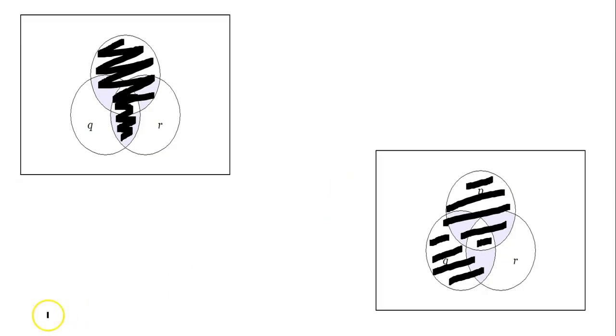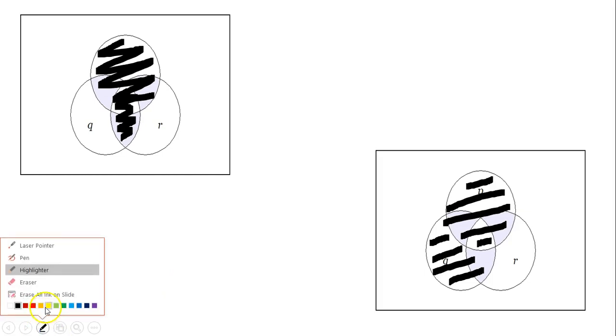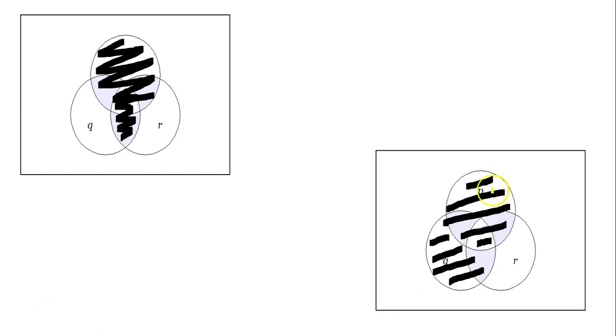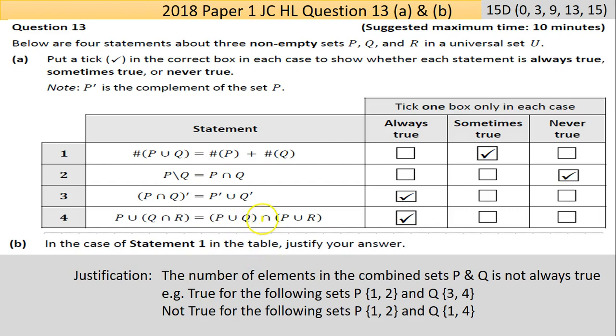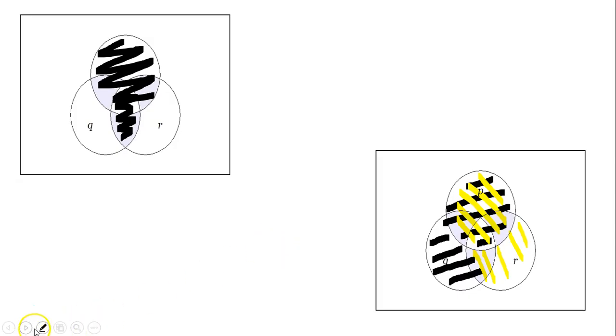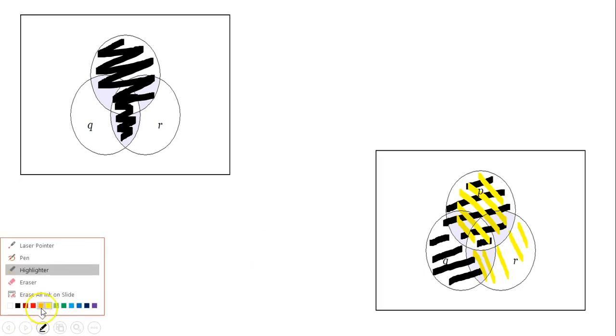P union R, now I need a different color here to make this stand out, so we'll go this way, P union R, so it's all of P and all of R. And the last thing there is the intersection between those things, the commonality between those things, which is a bluish color.